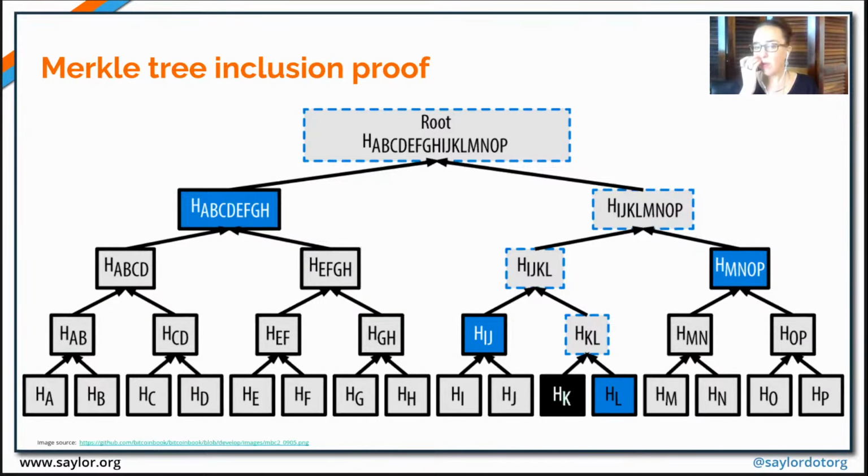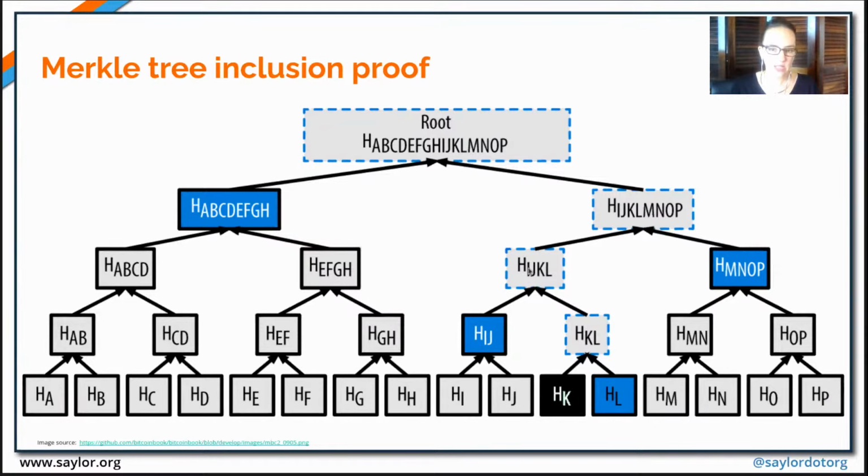So someone could provide us with some information, which is this Merkle tree inclusion proof, right? And say, okay, I need to tell you about this transaction. I need to tell you about its pair on the Merkle tree, which is this K, transaction K. So, transaction L you already have. I need to give you transaction K. I need to give you the next level up, the hash that it was paired with on the next level up, which is this hash of IJ.